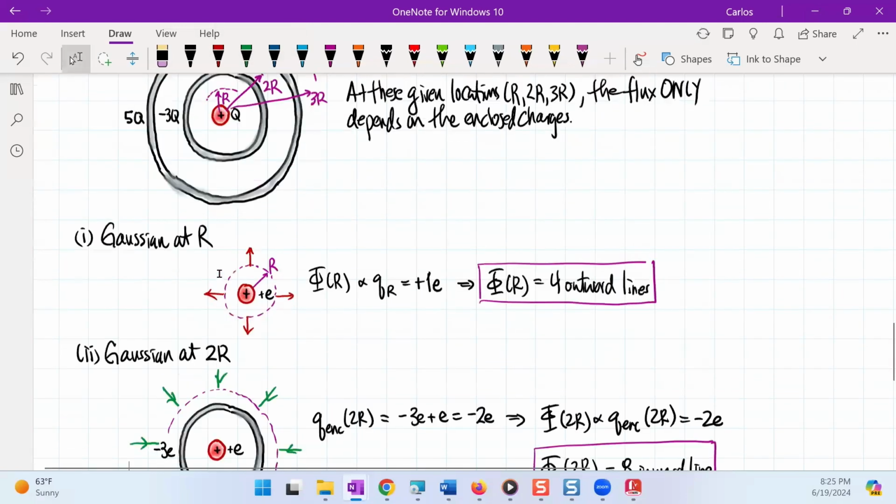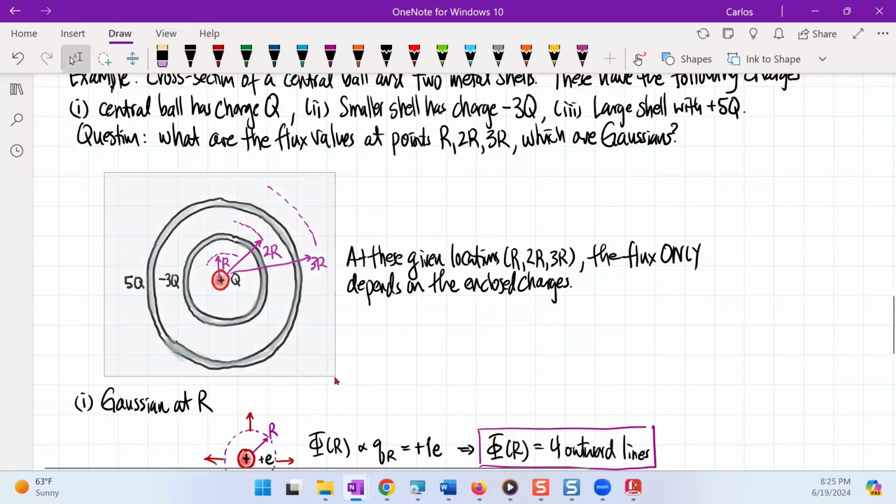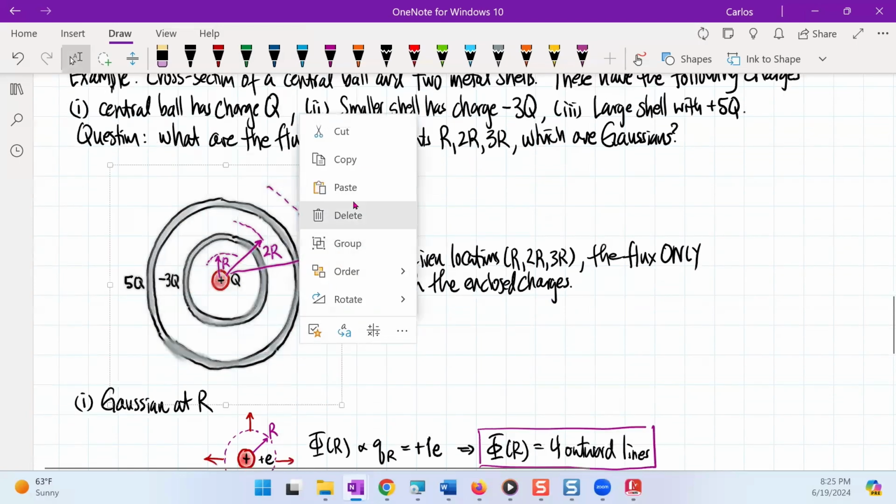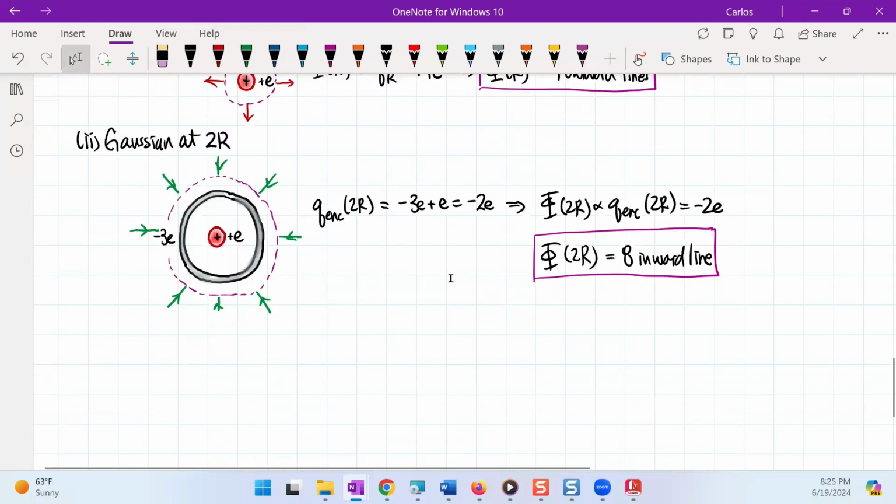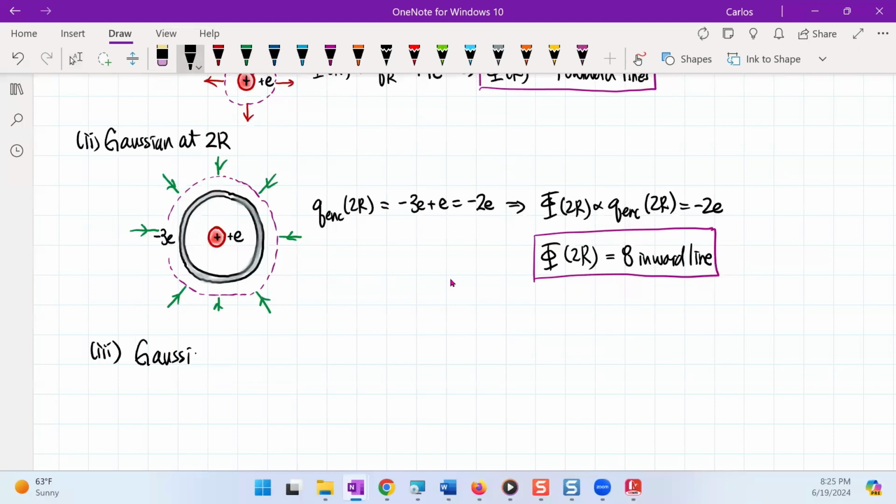So now let's repeat the same process here, where I'm going to copy the whole thing and bring it down. I'm going to say that this is now our third situation, the Gaussian at 3R.